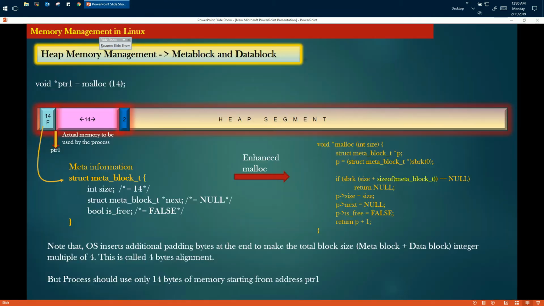If you have gone through the section on heap memory management, you should be able to recall that the system allocates you an additional memory called meta block along with the memory that is requested using the malloc function. So I expect that you recall the concept of meta block.